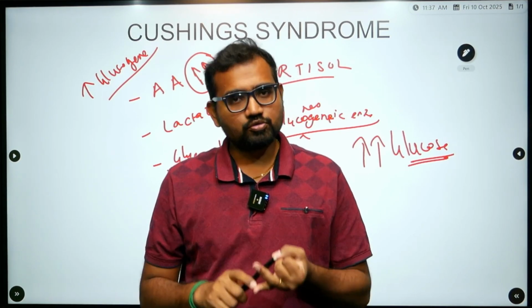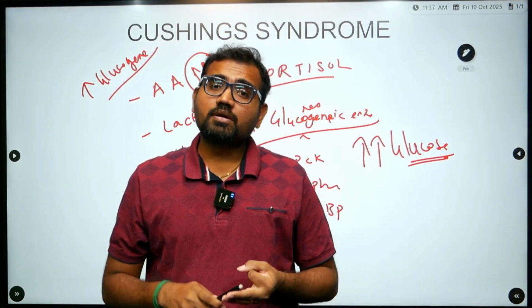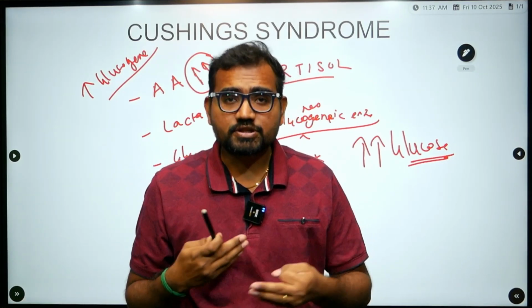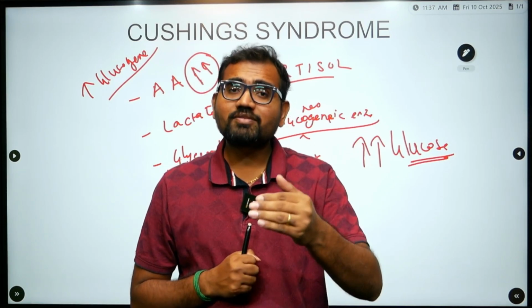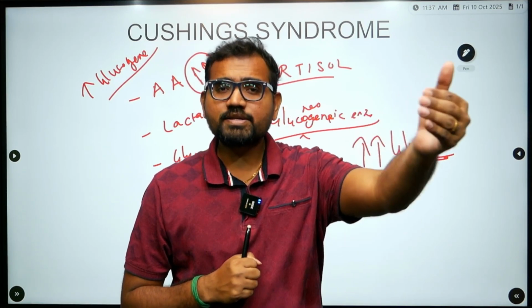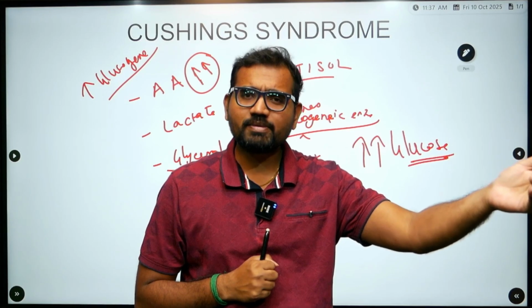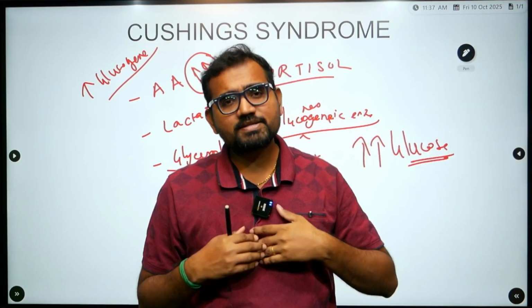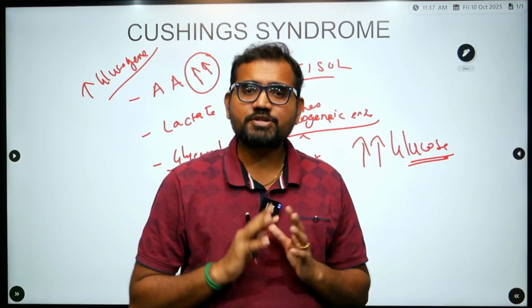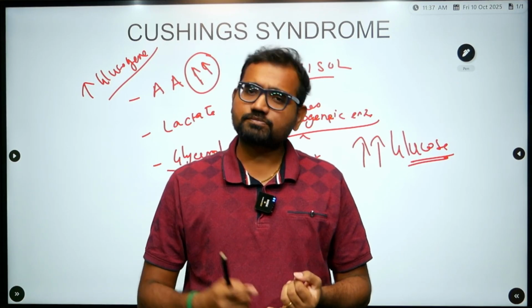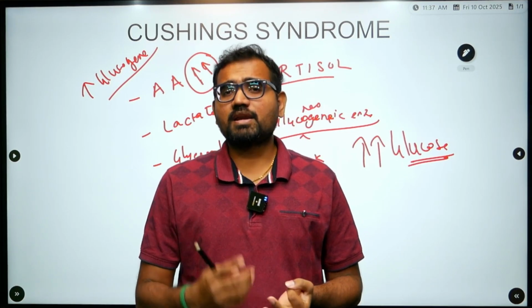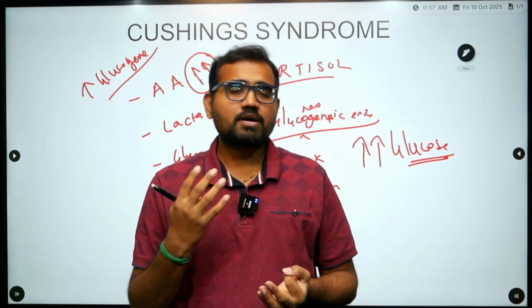That is why these patients will have a moon face, a puffy face, and truncal obesity, but their limbs will be thin, because that is the action of cortisol. Third, it has some mineralocorticoid action as well: sodium and water retention take place. Whenever sodium is increased, there's going to be an increase in blood pressure. So these patients will have increased blood pressure, hyperglycemia, moon face, puffiness, and truncal obesity.